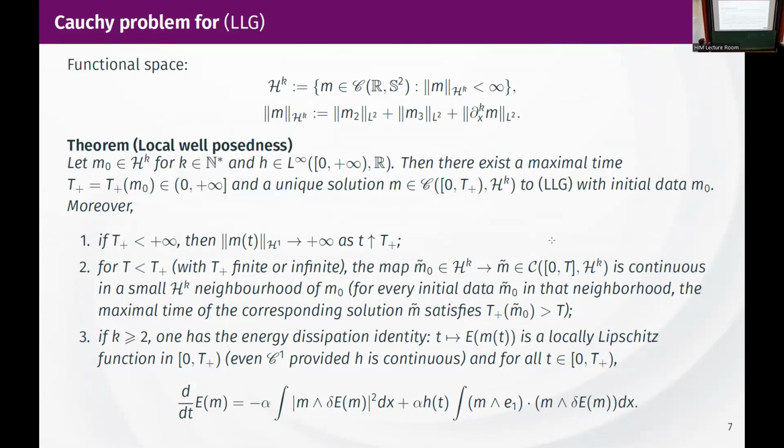So anyway, you have to take care about the functional space. And what we took, when we want to go to higher index, is that you have the full L2 norm for the k derivatives, and you have the L2 norm of the last two components of the magnetization.